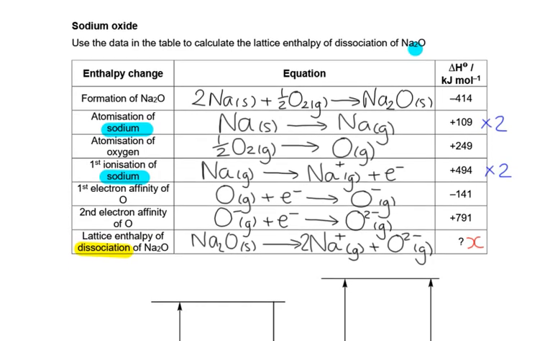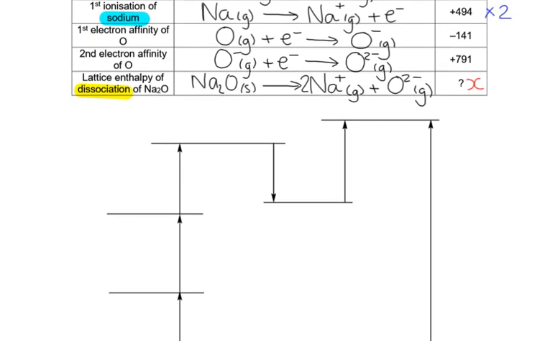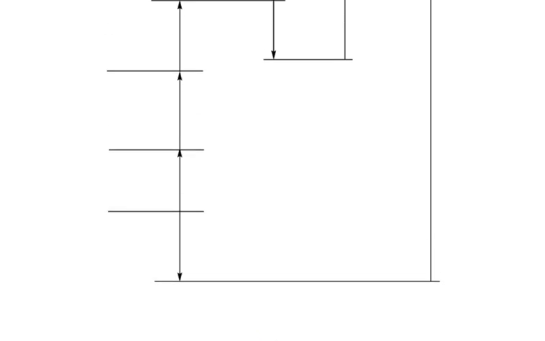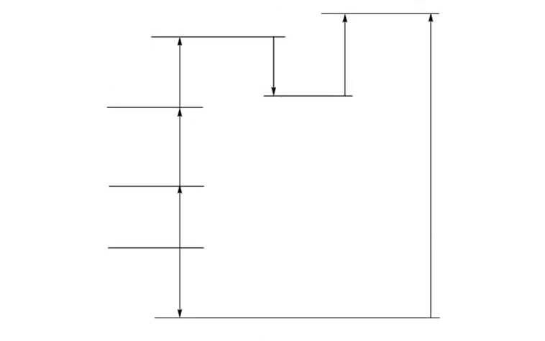So what we're going to do is scroll down, have a look at the cycle, and put things on the cycle, remembering our little rules, our little ideas for this. So we put our ionic solid at the bottom, and we're going to work our way from the elements. So this is made from 2 sodiums, solid, the element, and half an O2 gas, that's the element oxygen.